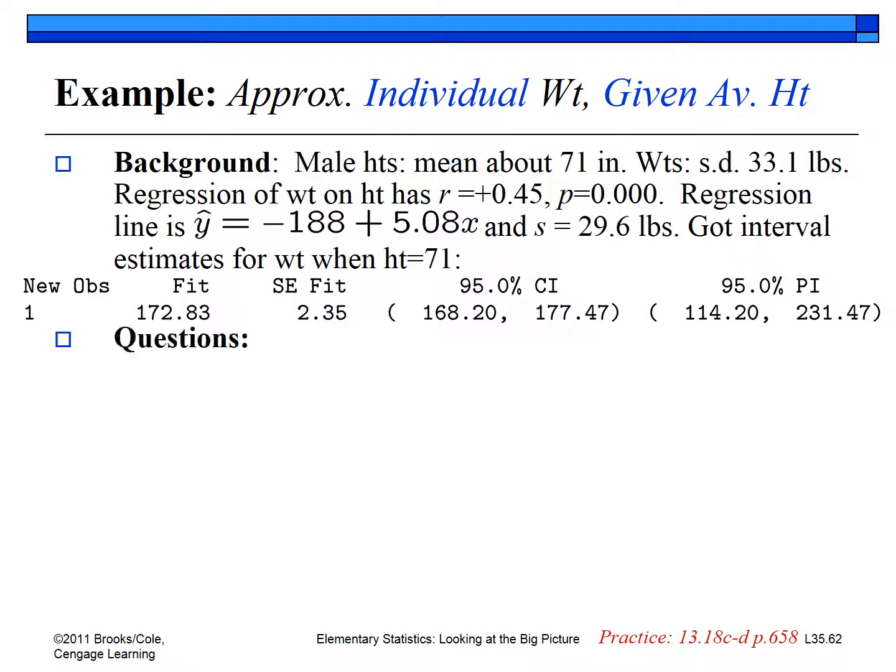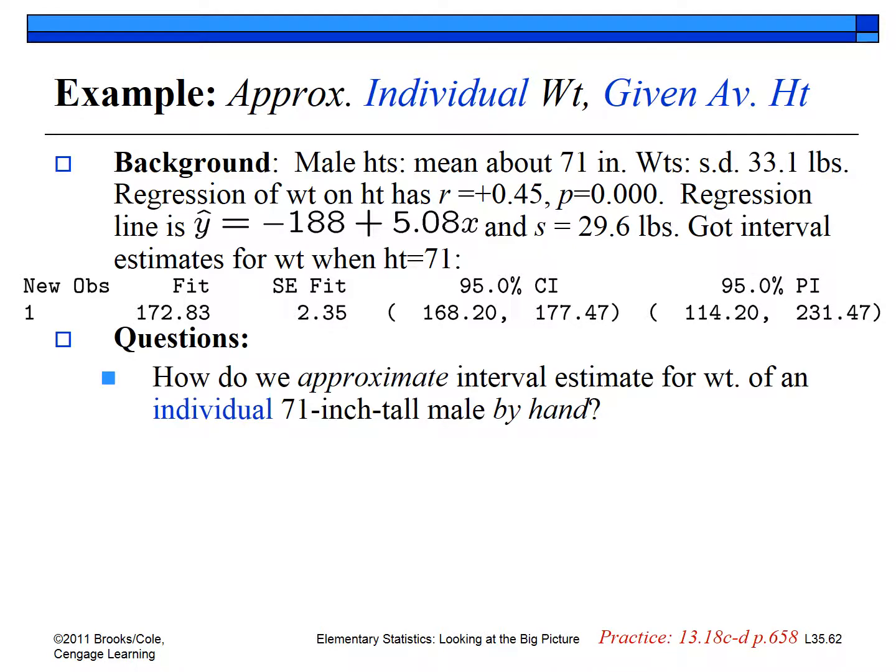So looking at the same situation, how could we approximate that prediction interval by hand if we didn't have software to do it for us? Once we get that approximate interval, we'll check and see how close it comes to the actual interval given by the software. So how do we compute it?